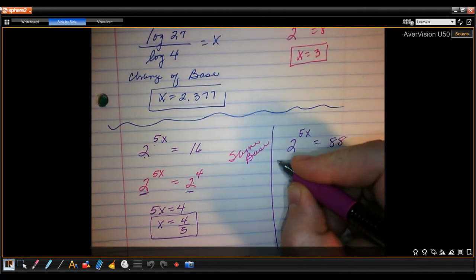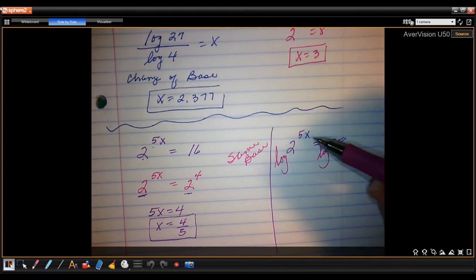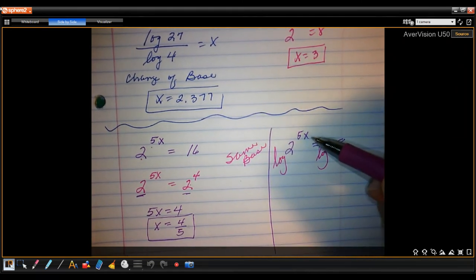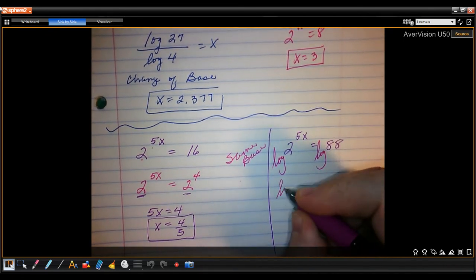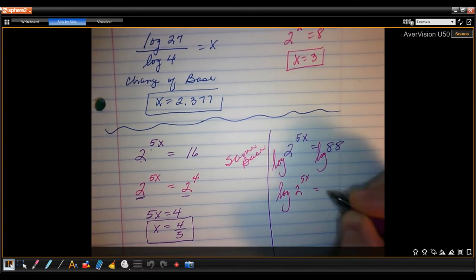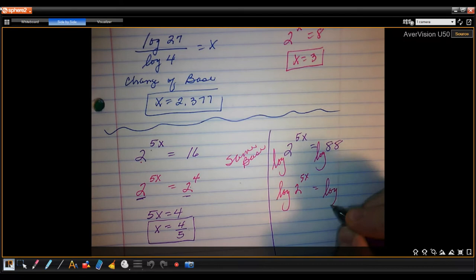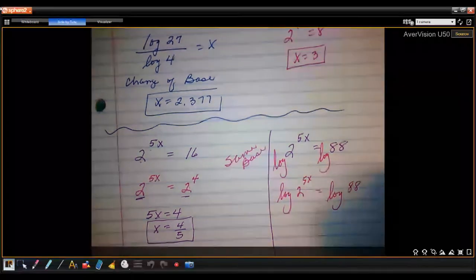So I take log on both sides because remember, we're trying to find the unknown exponent. And how do you find unknown exponents? You take logs. So now this really is saying log of 2 to the 5x equals log base 10 of 88. Does that make sense?